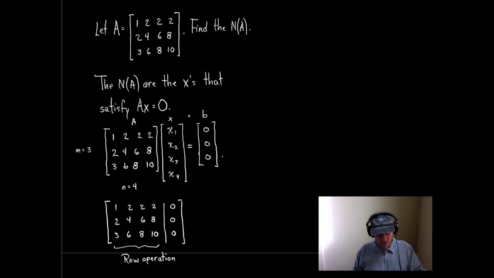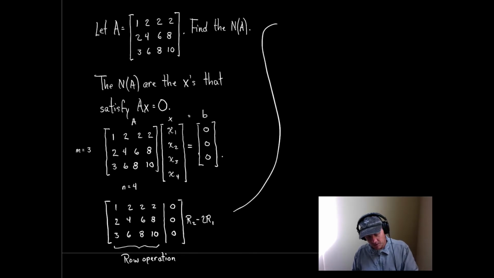But it doesn't matter if, for example, we take row 2 minus 2 times row 1. Let's just write this result over here.